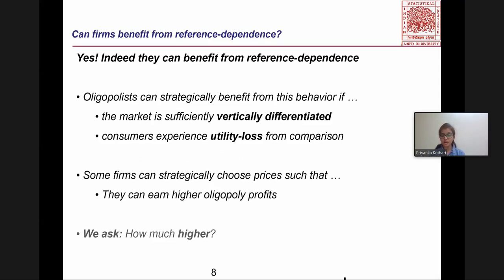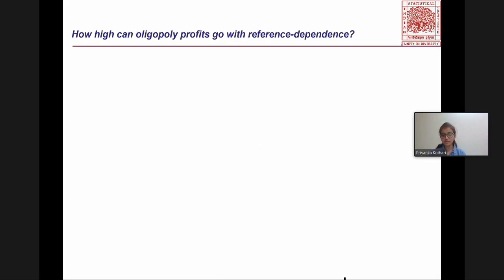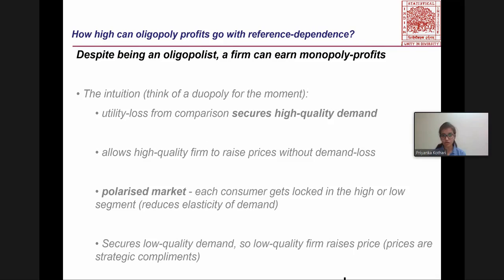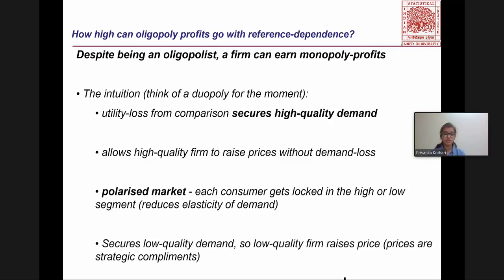So next we ask, how much higher can they earn? The answer is that some of the firms can actually earn monopoly-level profits despite being in an oligopoly or duopoly. The intuition is very simple. When the consumer faces utility loss due to comparison, this secures a high demand for the high quality firm, which helps the high quality firm to raise its prices without much loss in demand.